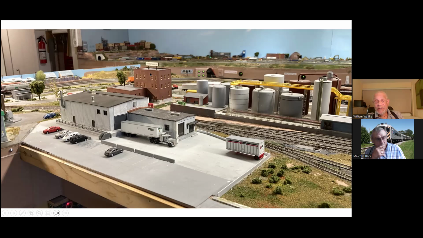We see in the back here, this is the administration building and laboratories for the industry. And we could see here the storage tanks, which we saw of the meat packing plant. And one other thing is we provide some parking, which is often missing on layouts, parking for the industry.